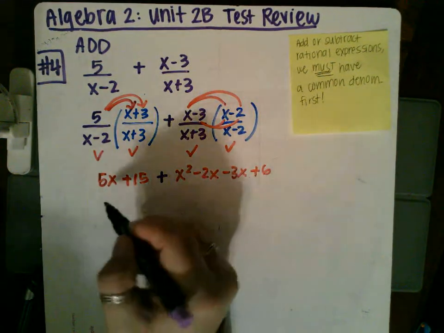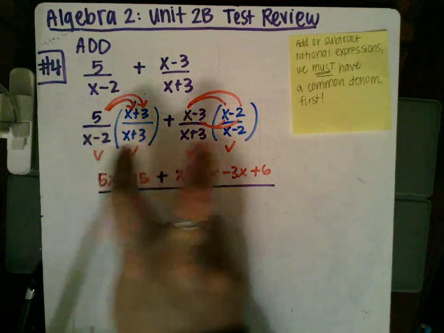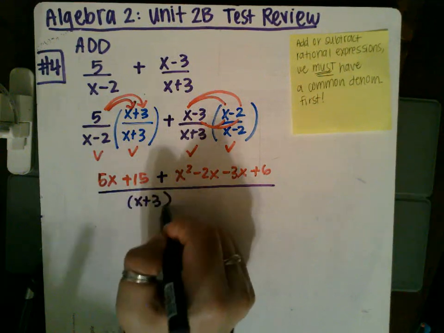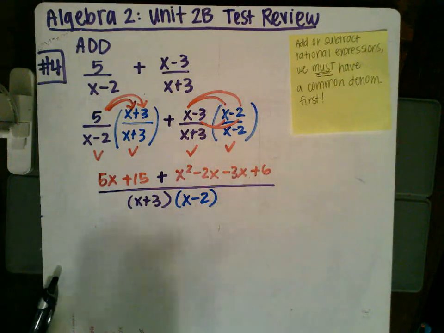And all of this entire expression, since we had common denominator here and a common denominator here, we have x plus 3 times x minus 2 as our denominator.